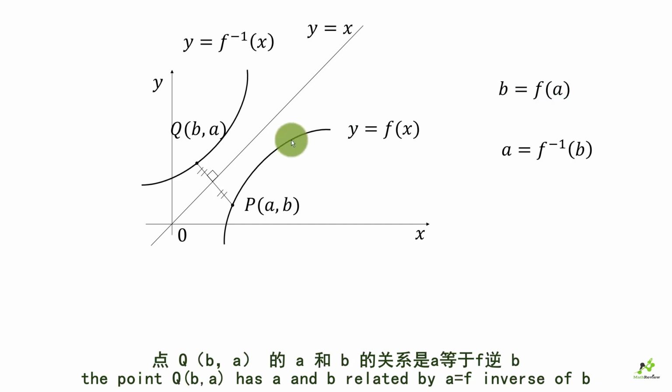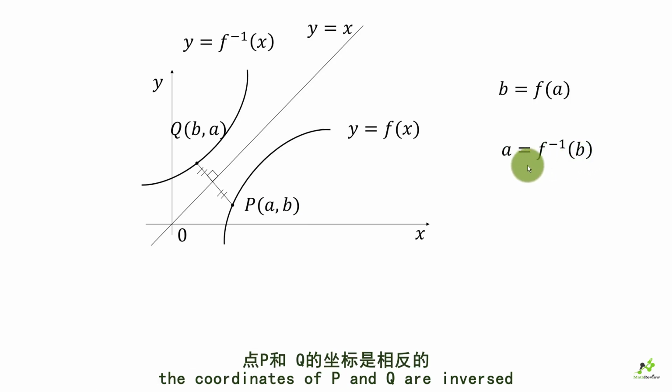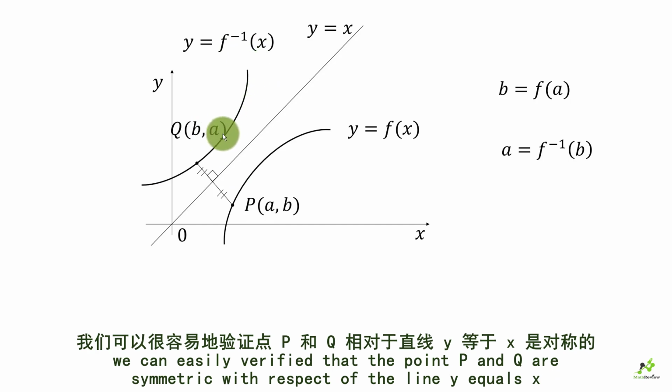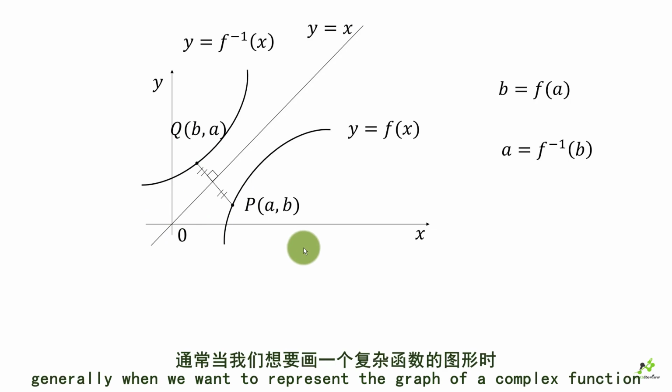The point Q of coordinate (b, a) has a and b related by a equals f inverse of b. The coordinates of P and Q are inversed. The point Q should be on the graph of f inverse. We can easily verify that the points P and Q are symmetric with respect to the line y equals x.